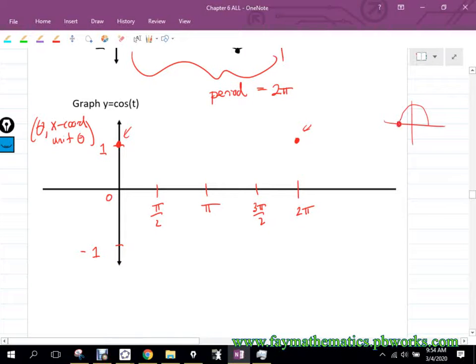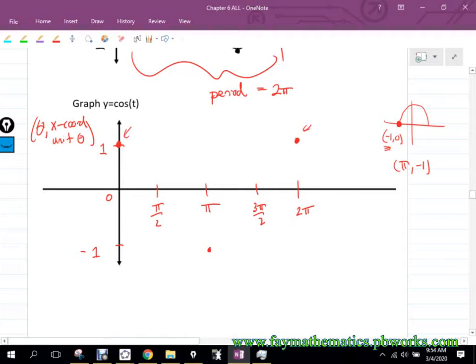If you're right there on the unit circle, what is that coordinate? Negative 1, 0, right? So the x value is negative 1, right? So I'm going to plot the point pi, comma, negative 1. Be right there. So those are the initial 3 points that we're going to graph for the cosine. Does that make sense? On the sine, they were all on the x-axis, right? Cosine, they're like this. Okay?